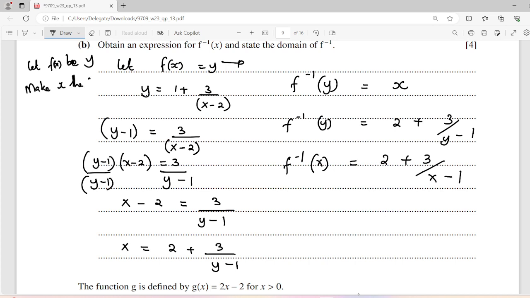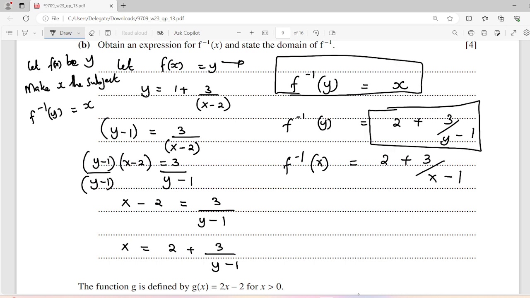Then from step 1, f inverse of y is equal to the x you got, and you substitute it, meaning f inverse of x. You have to make sure that one step leads to the other. In A level, don't say interchange, make y the subject. No, make sure that one step leads to the other. So this is our expression for f inverse.